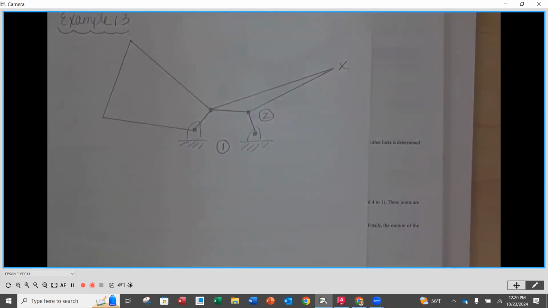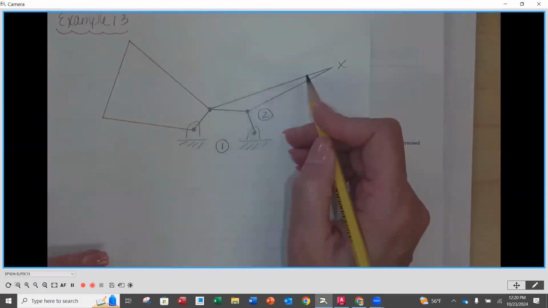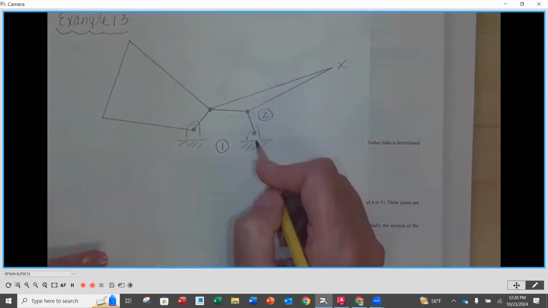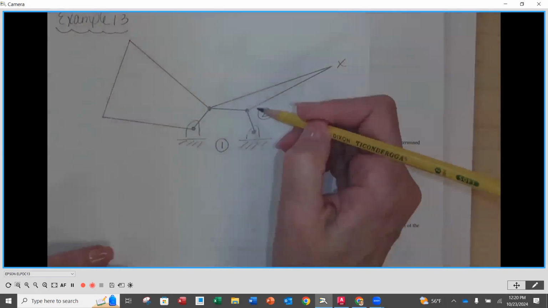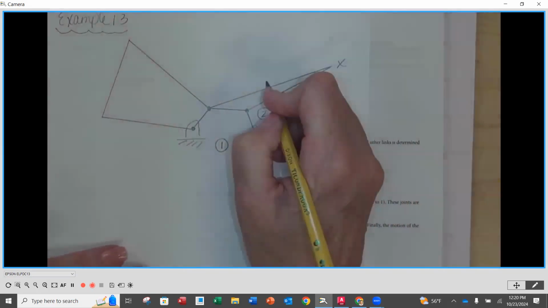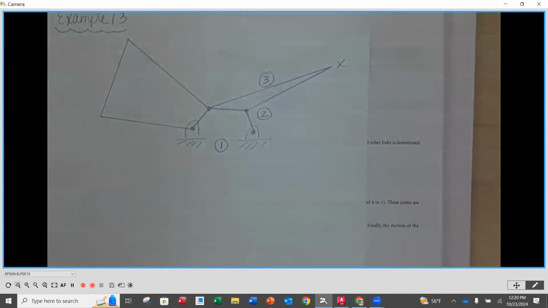I usually start on what I call the input side of my link. So here's my handle. This is the input side. So whatever comes from the frame, the first thing that's in that order, I always call that my next link, number 2. Which means that number 2 is connected to the handle, which is number 3.